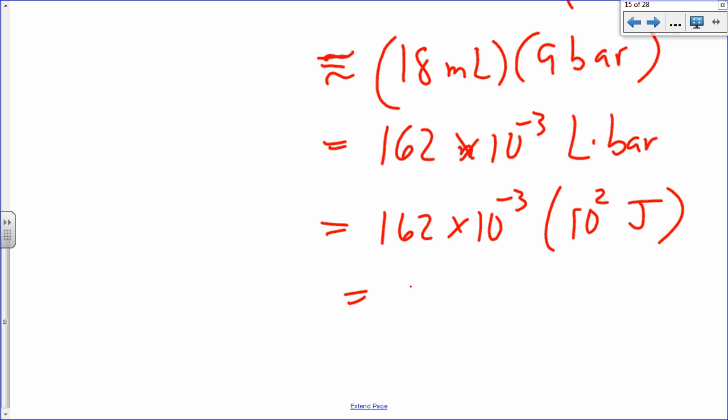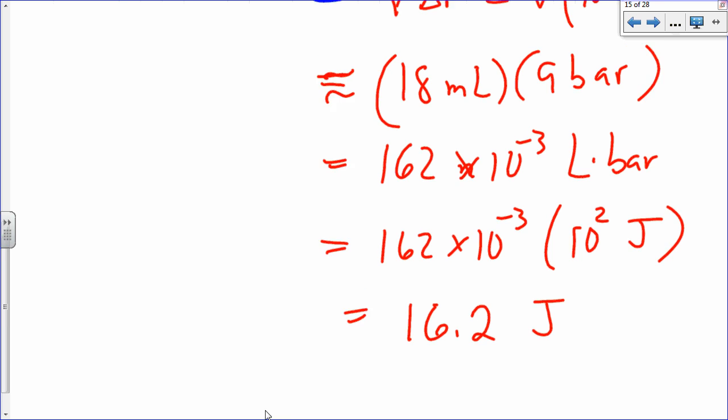So that's 162 times 10 to the negative 1, so it's going to be 16.2 joules. Okay? Question? 1 liter atmosphere is 101.325 joules. 1 liter bar is 100 joules. Okay?